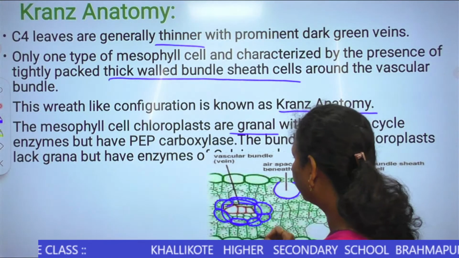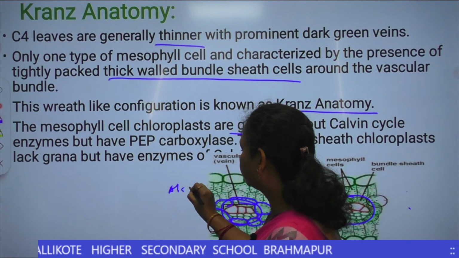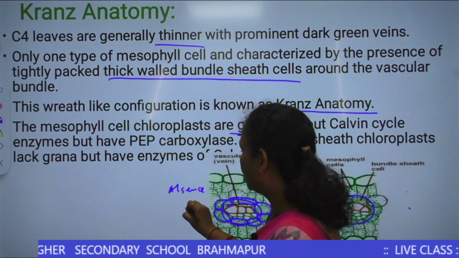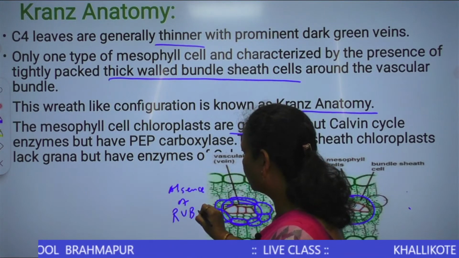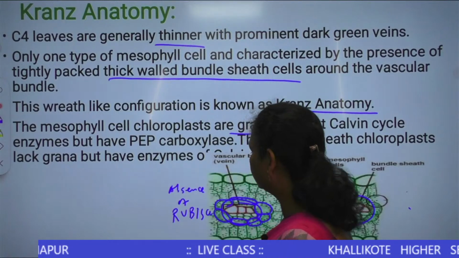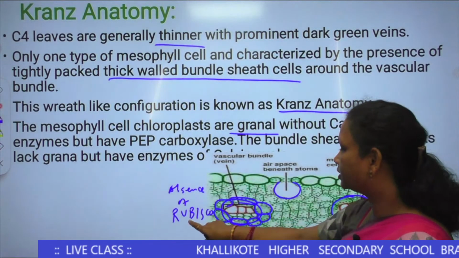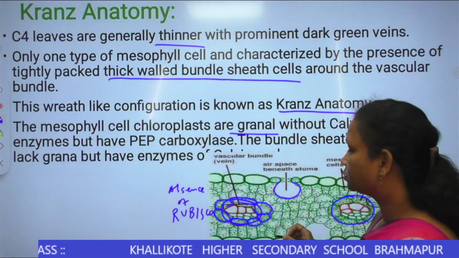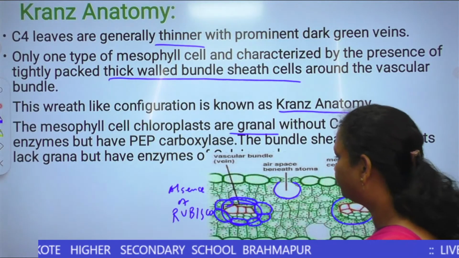So, what we know here is the absence of Rubisco in the mesophyll cell chloroplast. That is, the first enzyme Rubisco is absent in the chloroplast of the mesophyll cell.